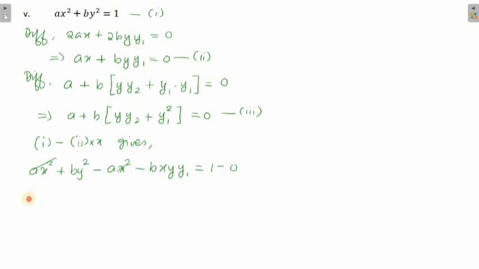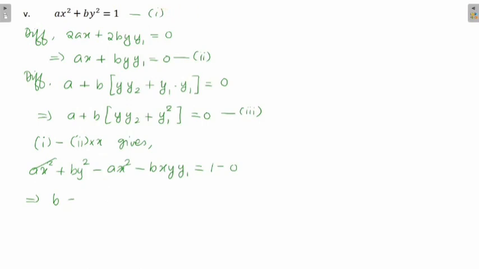So from here what do you see? So from here you see that b is common. Okay, so in fact you can take by as common. For now let me take only b common. So this is equals to 1.